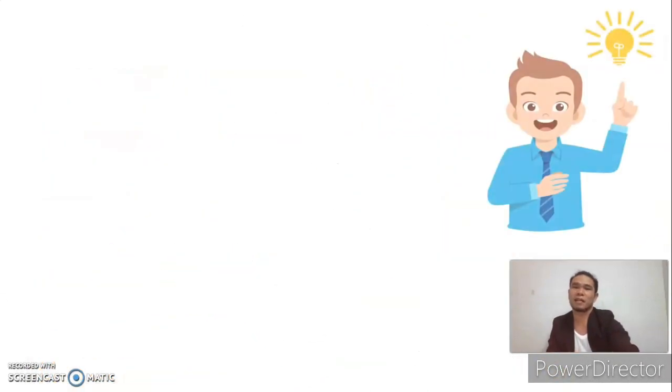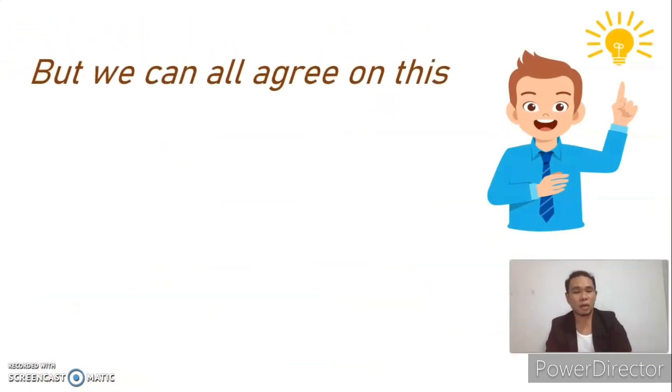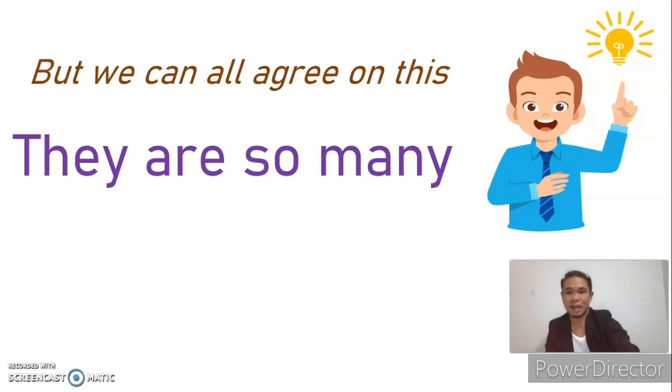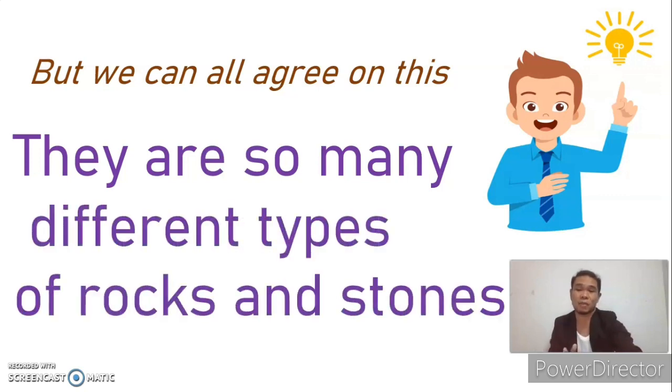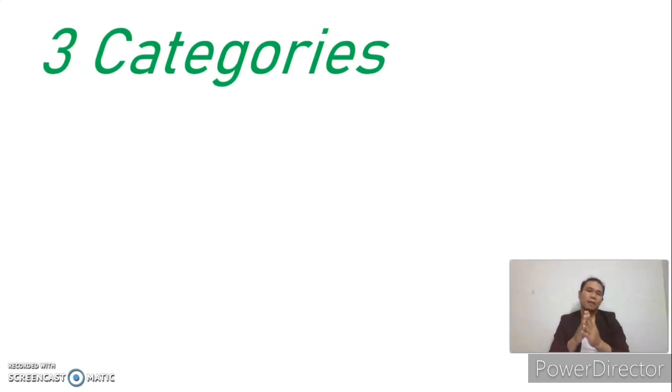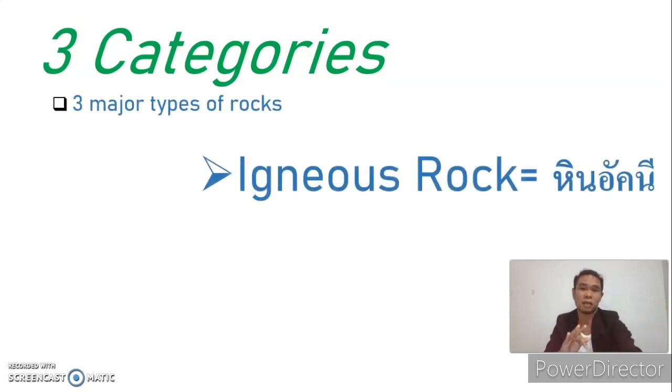But I tell you, we can all agree on this. There are so many different types of rocks and stones. So now there are three categories of rocks. Three major types of rocks.